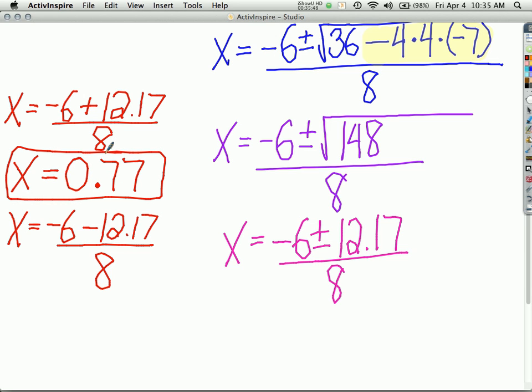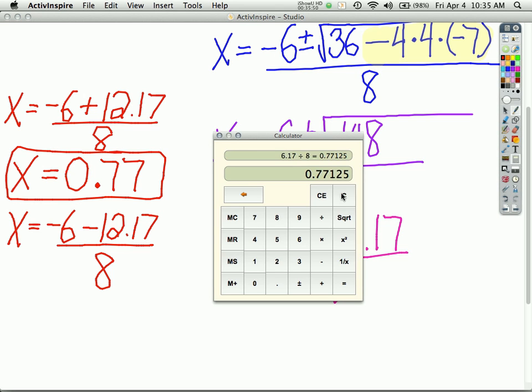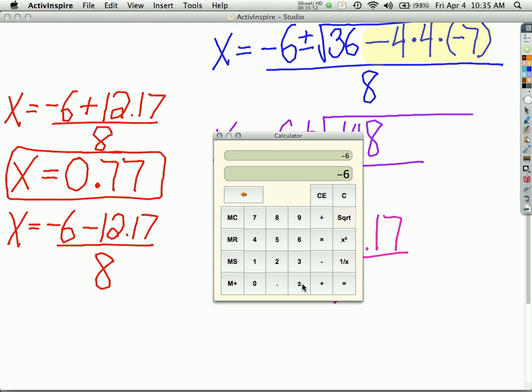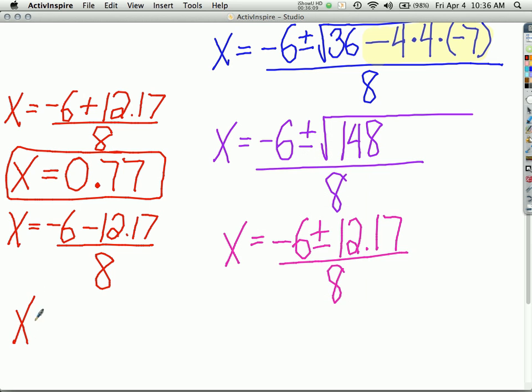What about the other one? 6 negative minus 12.17 equals divided by 8. What do you get for that one? Kayla? You get negative 2.27. X equals negative 2.27.